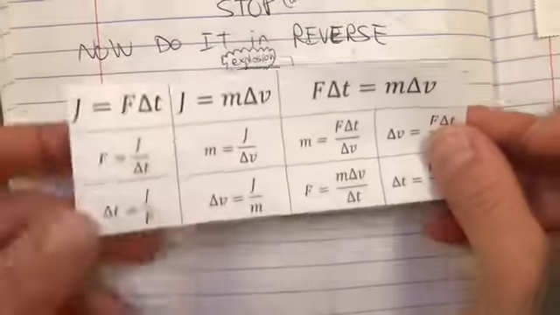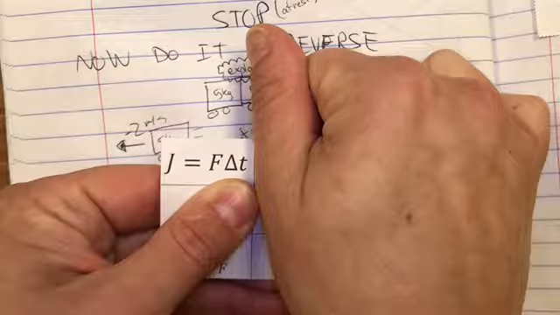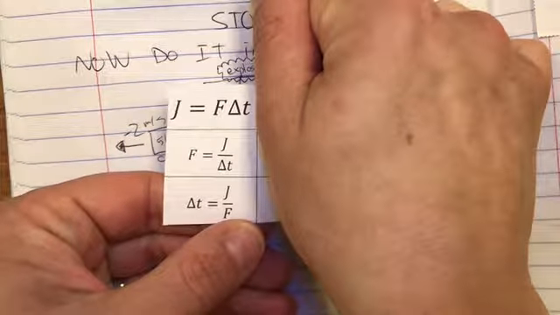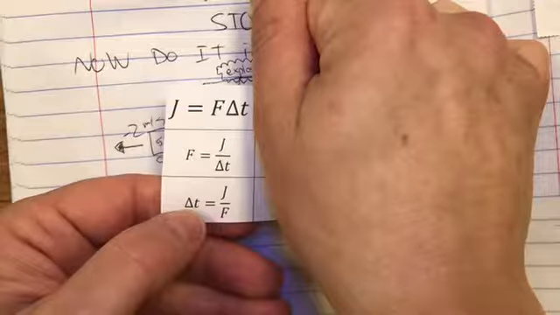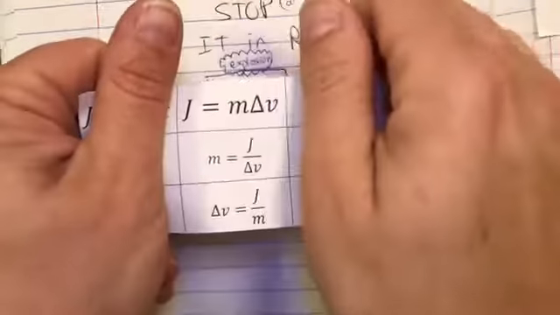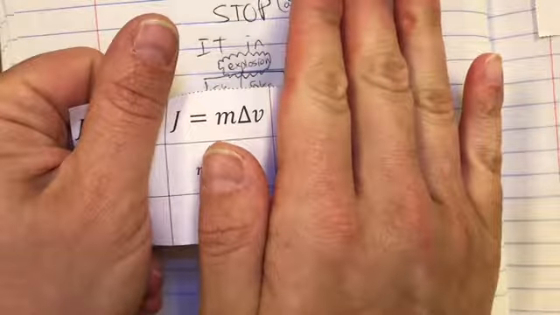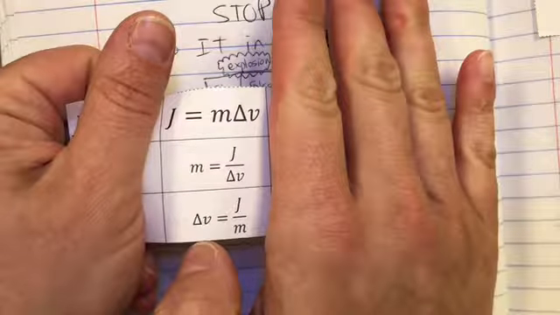There is your formula chart. Lots of formulas. Let's look at that right there. Impulse is force multiplied by change in time. The two formulas below it are the same formula, just rearranged to solve for the force or the change in time. Next column, we have impulse is mass times change in velocity, and below it, that formula rearranged.